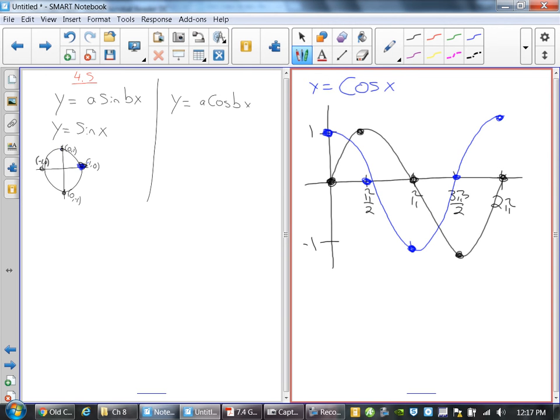The only thing that changes these graphs is going to be the value of A, what we call the amplitude, the height it can reach or the value it can fall to, or the B value, which changes the period. The period can change to oscillate more rapidly or slowly, depending upon what the B value is.